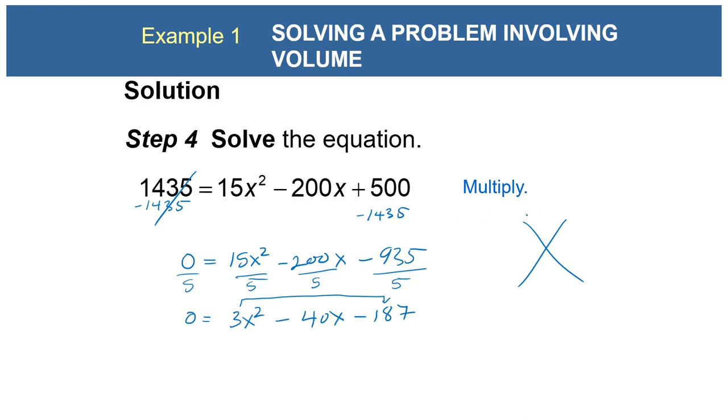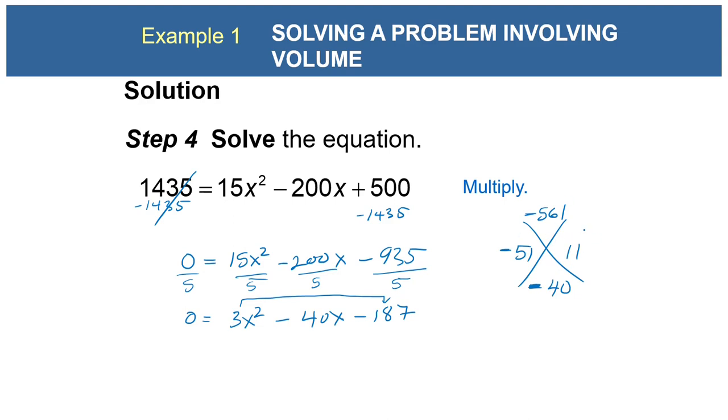That gives me negative 561. And I want to figure out what two numbers multiply to get negative 561 and add up to negative 40. The two numbers are negative 51 and positive 11.